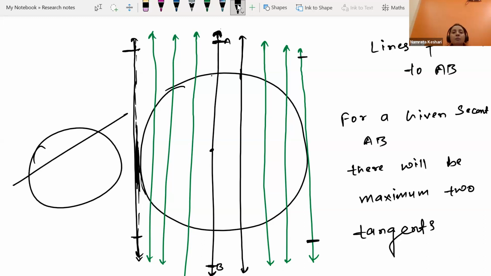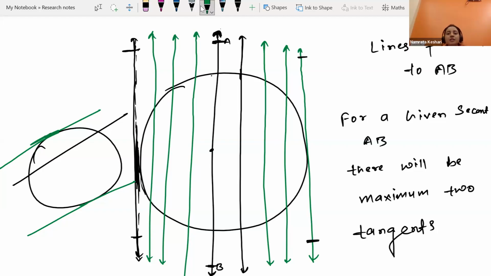You can draw one over here and one over here, and these two green lines are parallel and also tangents. So a maximum of two tangents you can draw for a given secant.